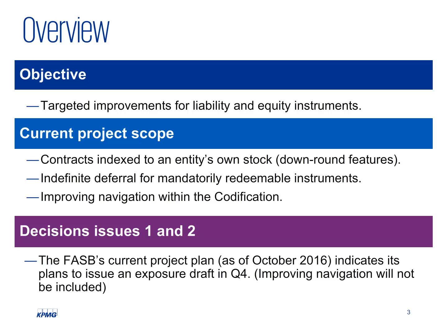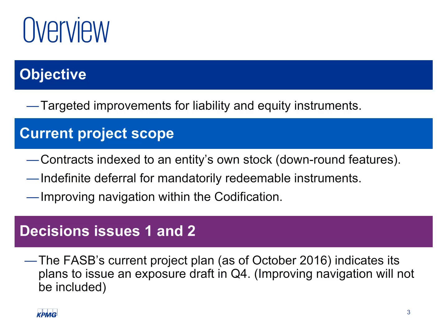These are features in an instrument that adjusts the strike price of an instrument downward. We will explore more in a moment. The other topic currently covered by this project is the indefinite deferral related to certain mandatorily redeemable instruments in the current literature. Finally, the project also covers improving the navigation within the codification.